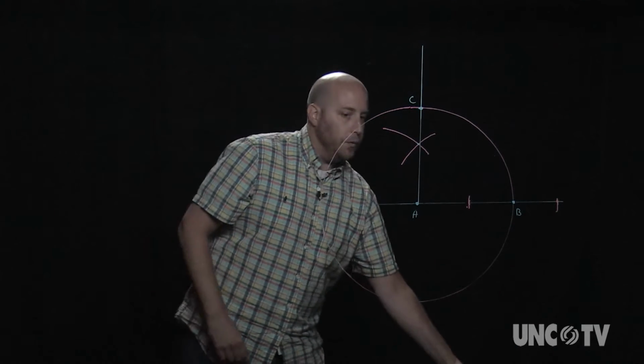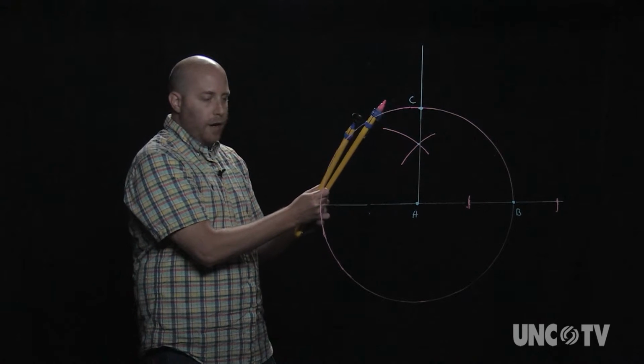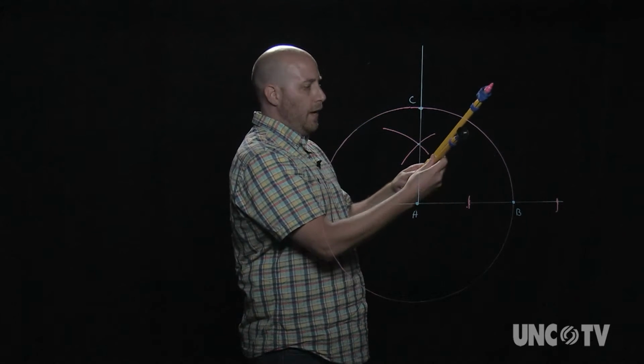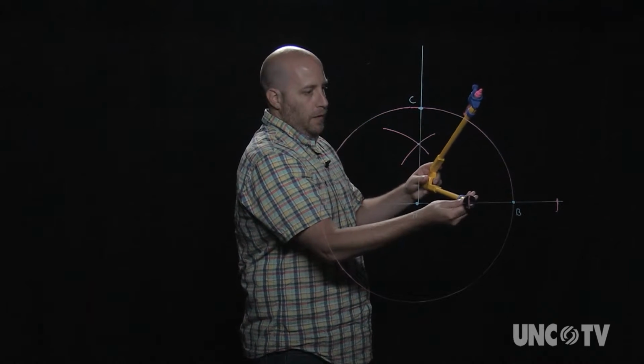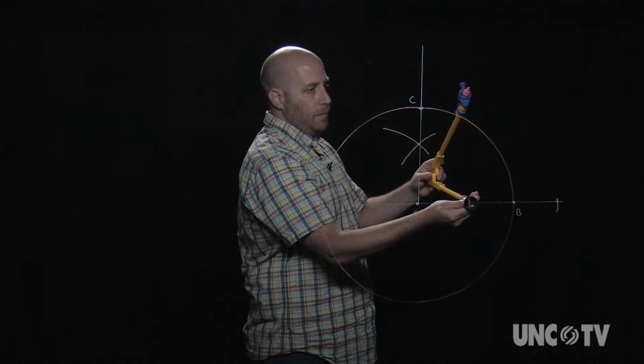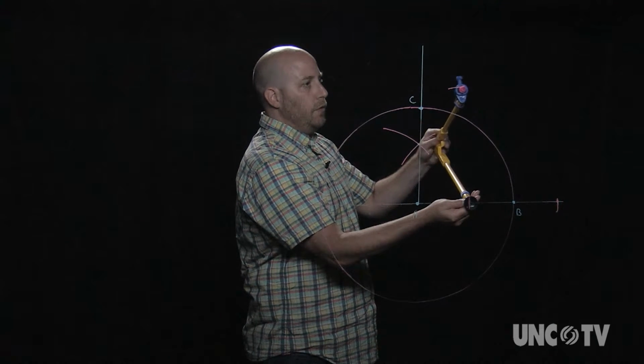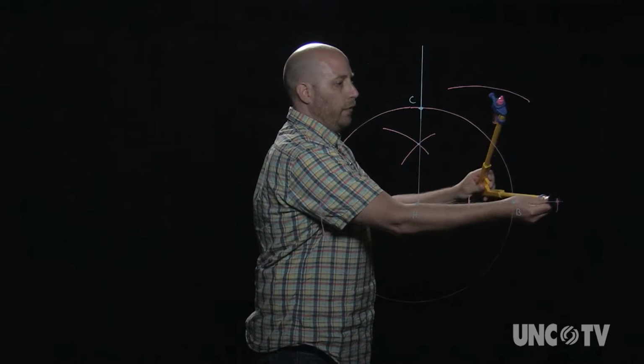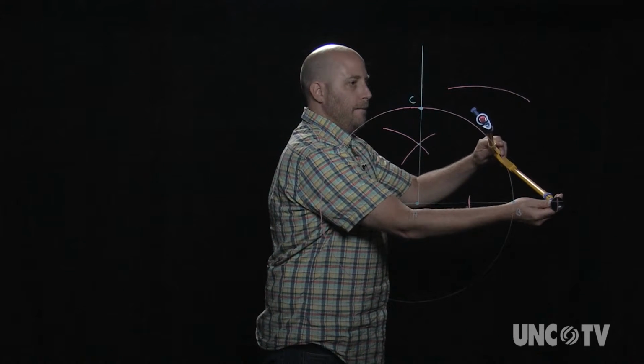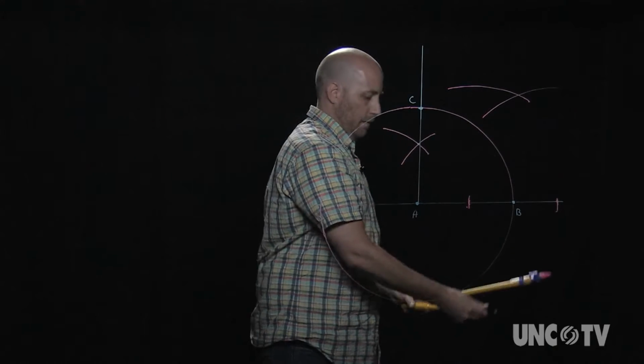At this point, I will take my compass, open it just a hair larger than that. It doesn't matter how much larger. And I will make two sweeping arcs, one here and the other there.